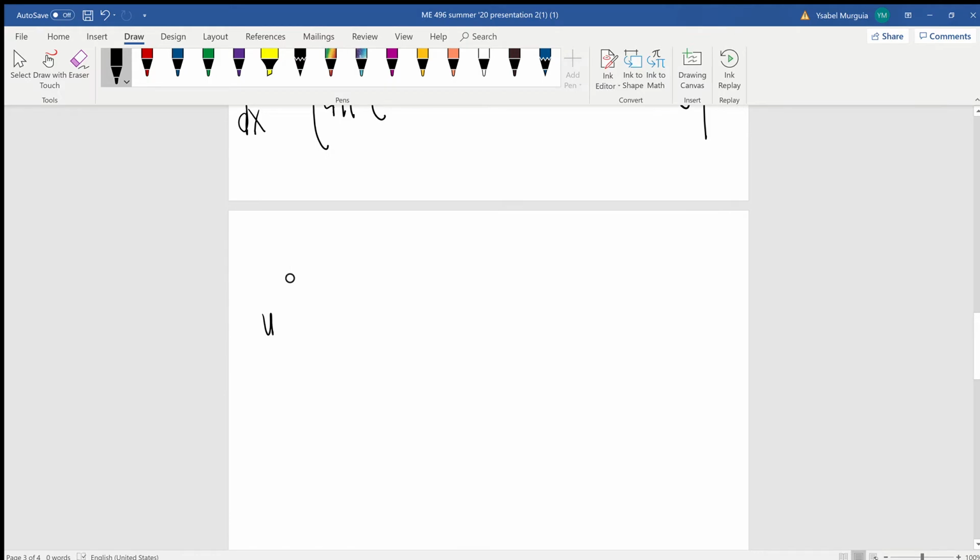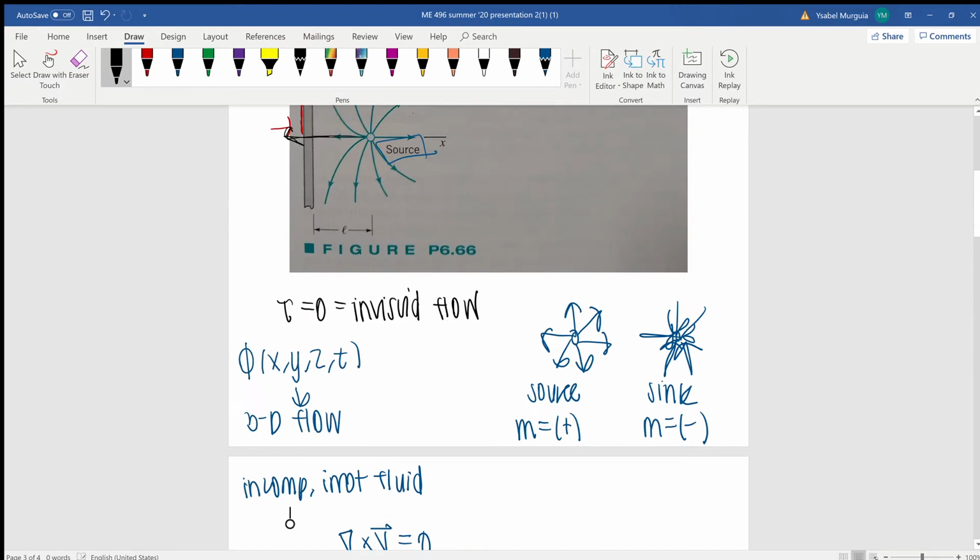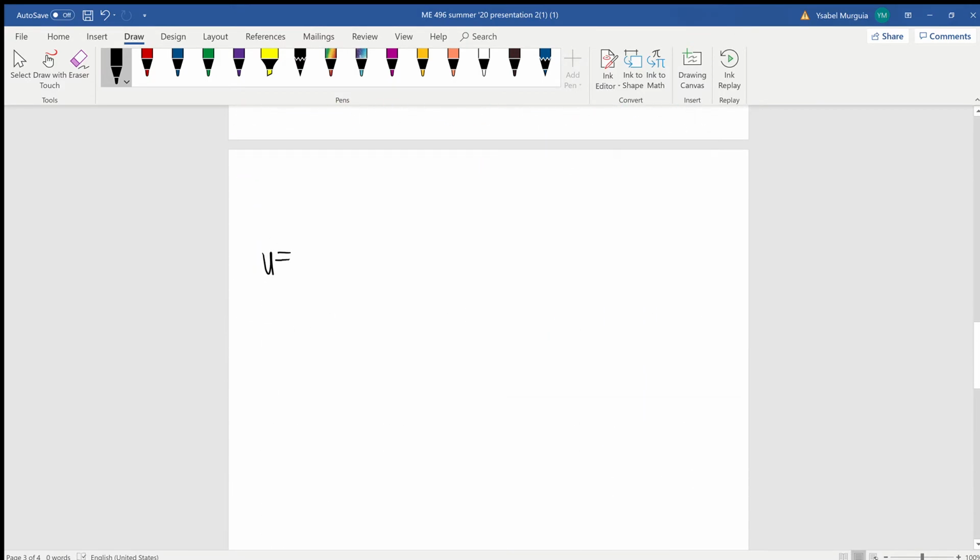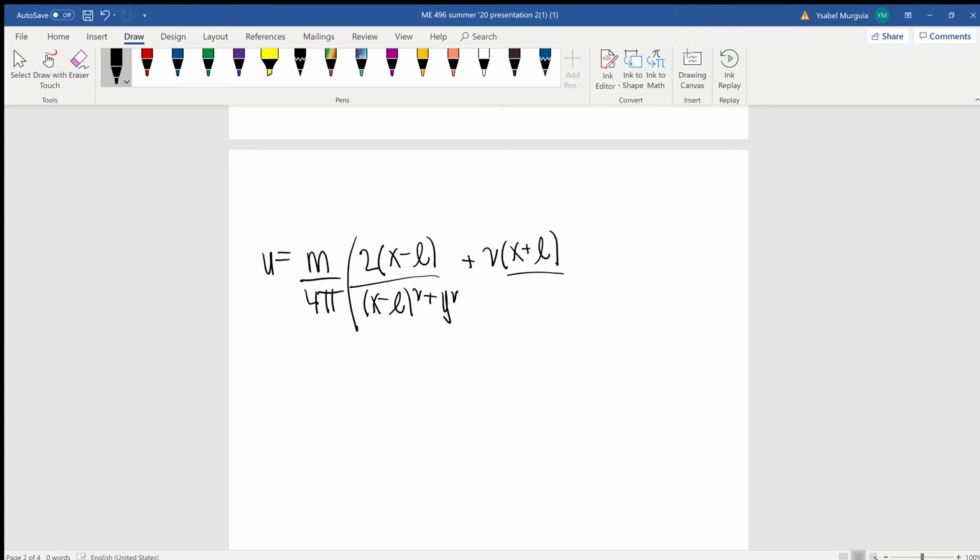So u will be equal to the derivative of that. So m over 4 pi is constant. We can pull it out when taking the derivative. And deriving this with respect to x, we do get 2 times x minus l over x minus l squared plus y squared plus 2 times x plus l over x plus l squared plus y squared.